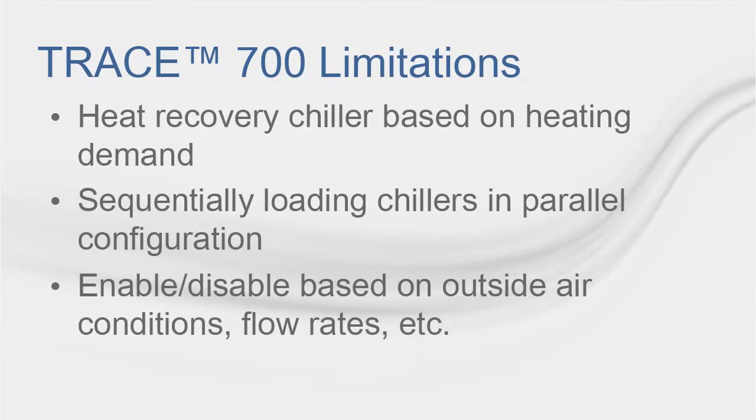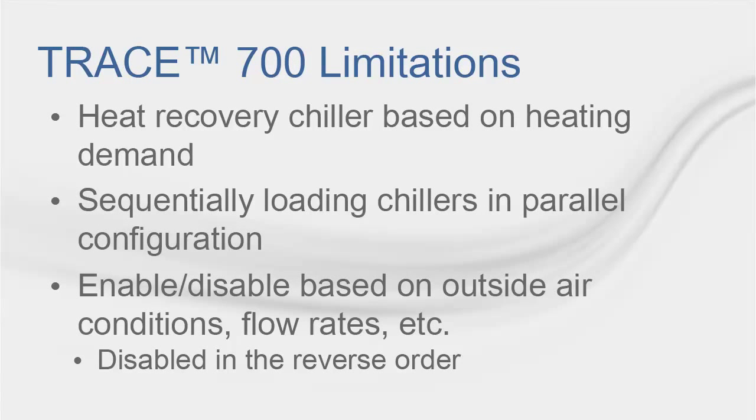Also, enabling and disabling chillers based upon different variables such as outside air conditions other than temperature, flow rate, etc. is not a possibility. As mentioned when we discussed switchover sequencing, the only variables available are outside air temperature, load, and time of day. You may be familiar with the reset and lockout table functionality within schedules, however, this feature is not available for equipment schedules.